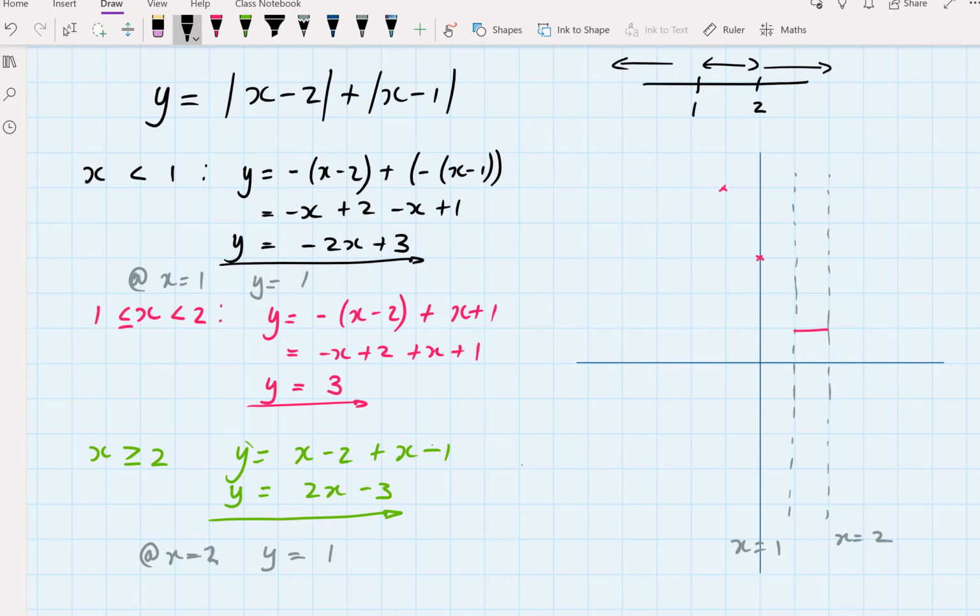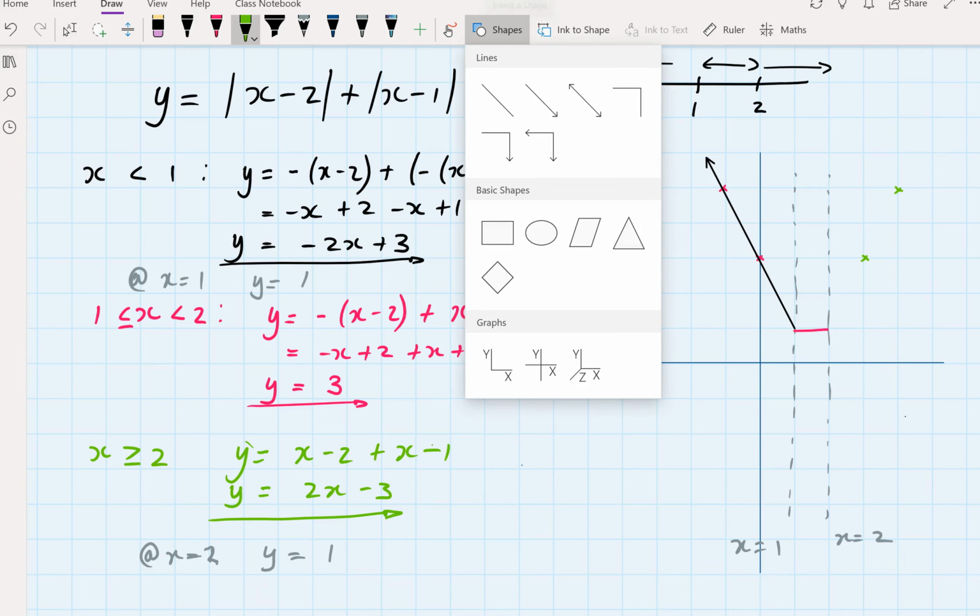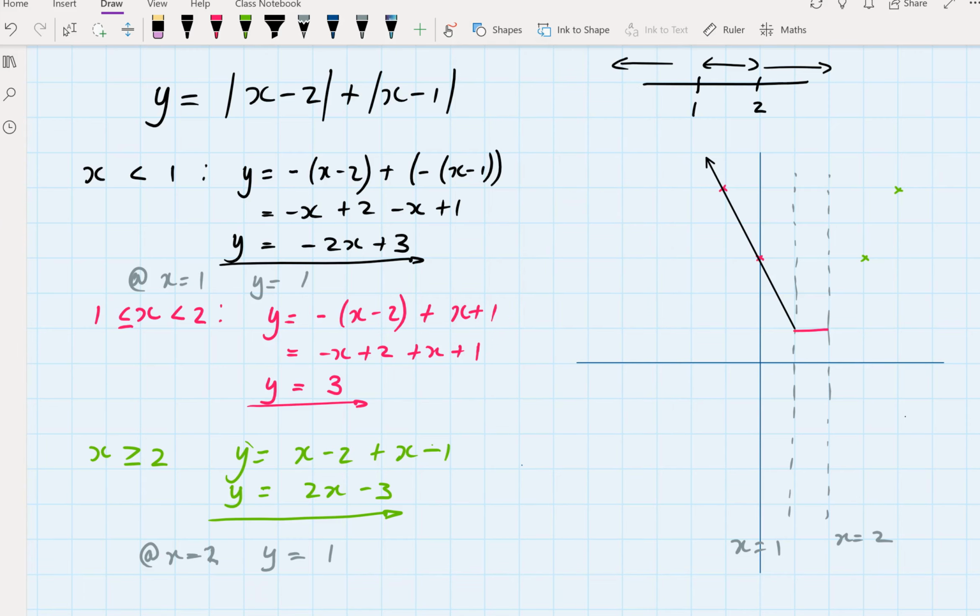Now that is a black graph, so I'm going to draw it with a black line. And here we've got that graph running like that. Last one is a green line. For the interval where x is greater than 2, we've got the graph y is equal to 2x minus 3. So I'm going to go from this point up 2 across 1, up 2 across 1. And so I can now draw my graph there, and I get this line that's happening like this.